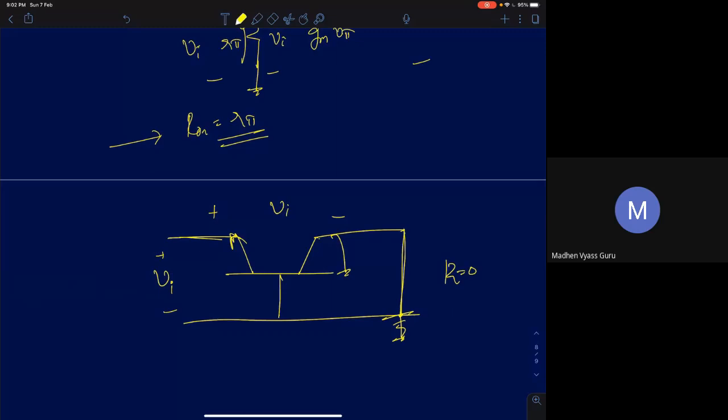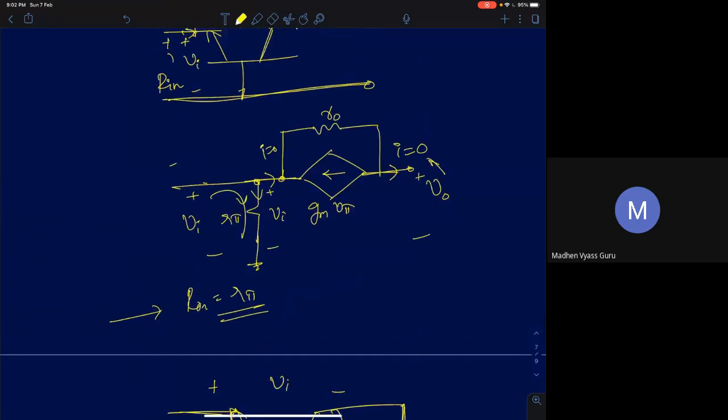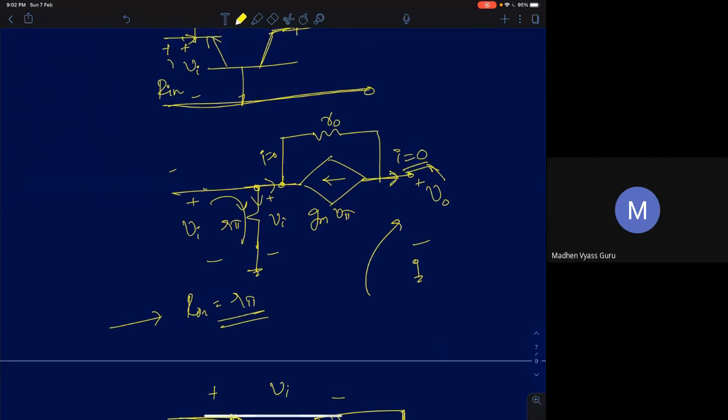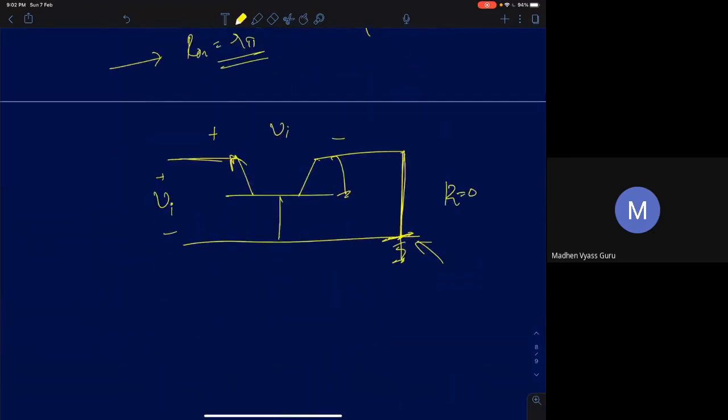No, RL is shorted now. The previous case was when RL is infinity. When RL was infinity, the output was an open circuit. So we said the current going out is 0, which means the current entering this is also 0. Now in this circuit, I've made RL as 0. The output is a short circuit. So now if I ask you to find what is Vi, what will it be?